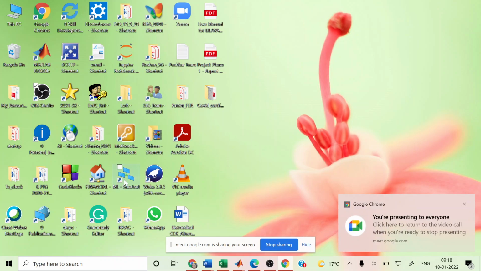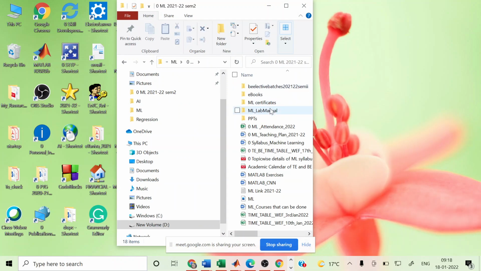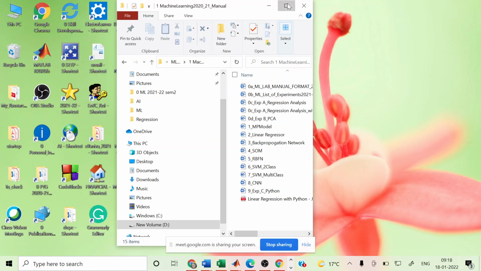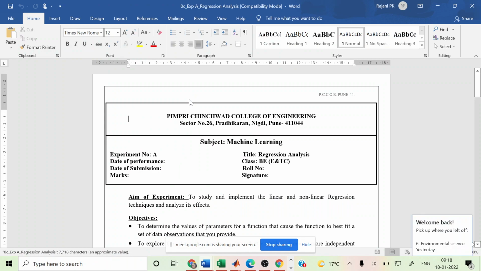I've already shared the write up with you in Google Classroom. So we are performing experiment number A, regression analysis. What you have to do here is, the experiment number is A because it's a beyond syllabus experiment.